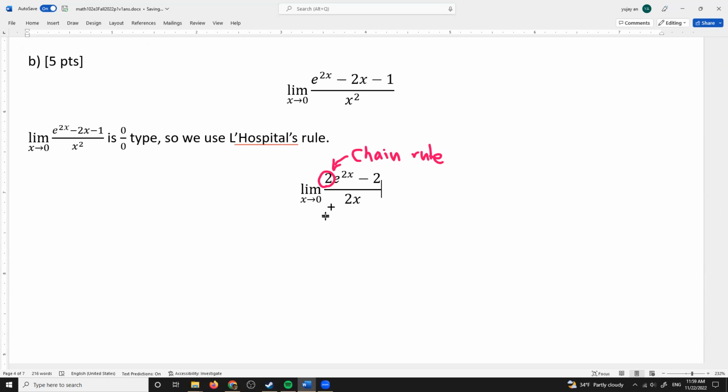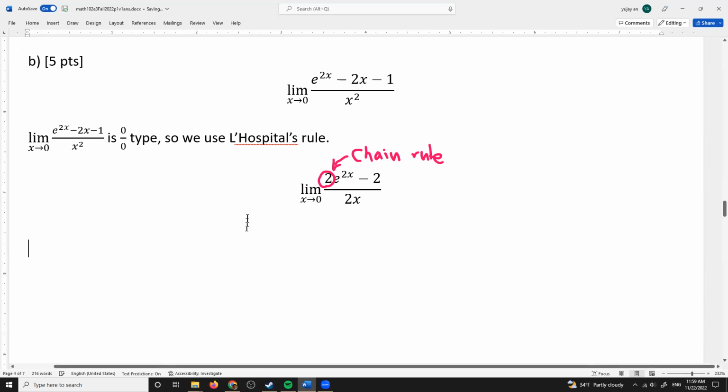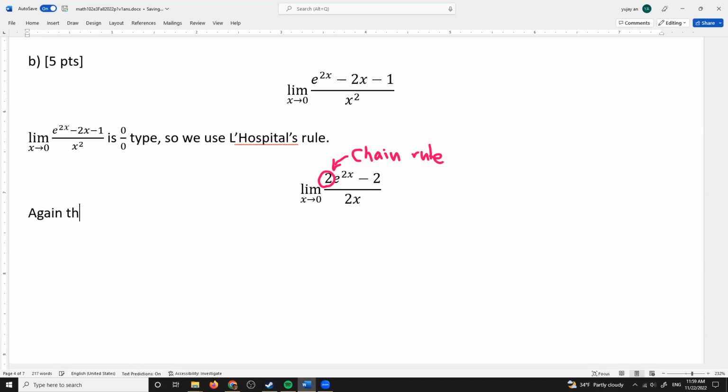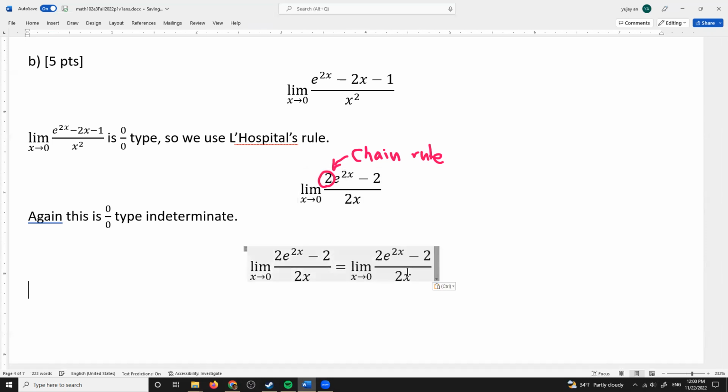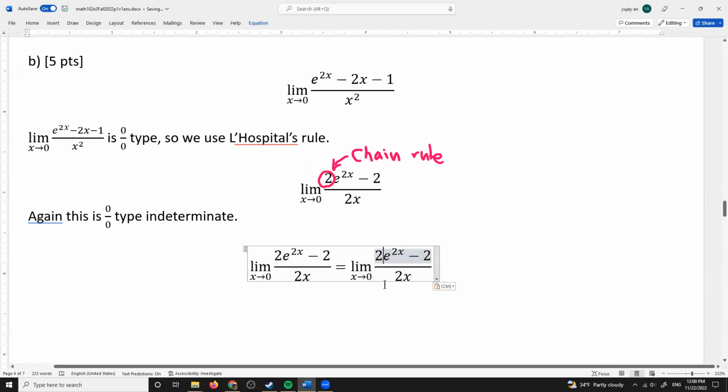Okay. Now again, this is 0 over 0 type indeterminate. You can verify that just by plugging in 0. Okay. So now we have this again differentiated. You differentiate the top and bottom, and this time it will become 4.